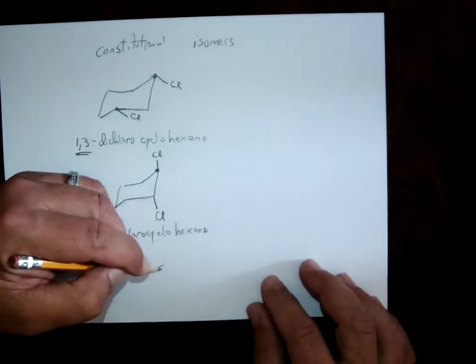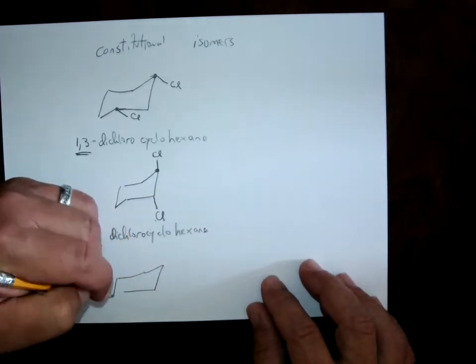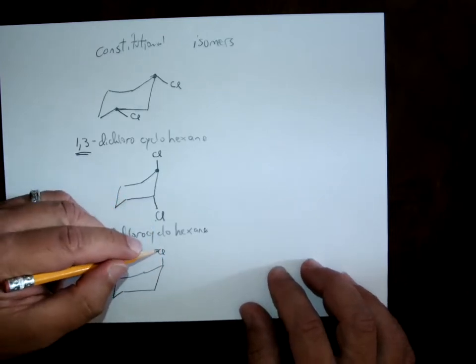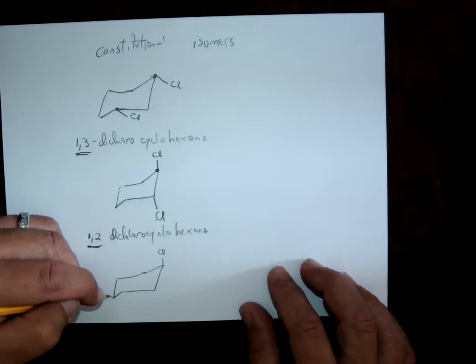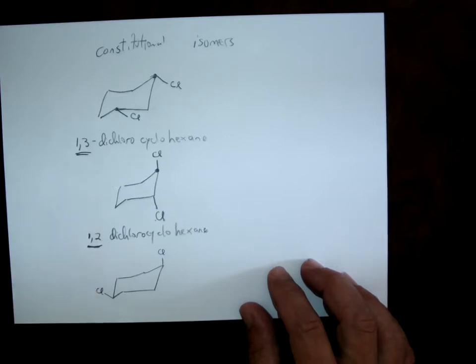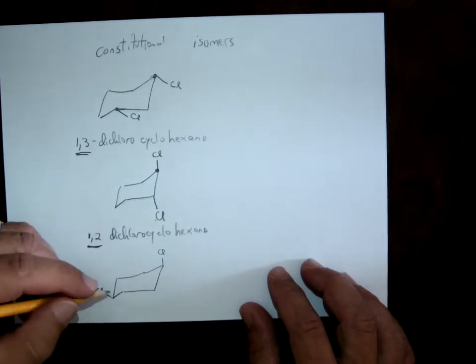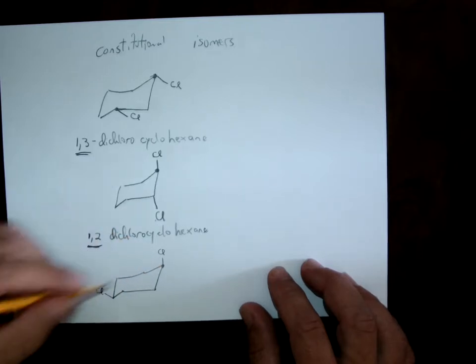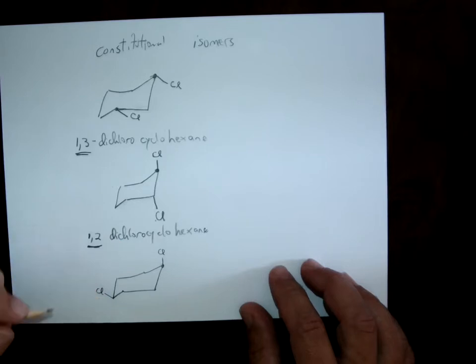The other one that you'll see occasionally is when things are on opposite sides of the ring. So if you have a chlorine here and a chlorine over here, right, these guys will be 1, 2, 3, 4. If this is carbon number 1, this is carbon number 4.